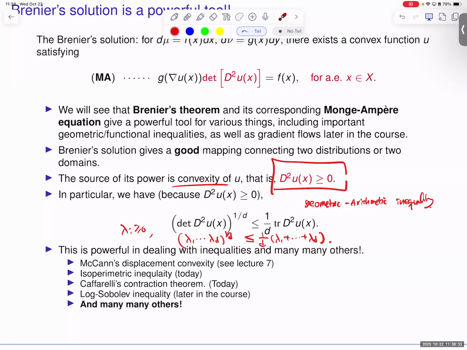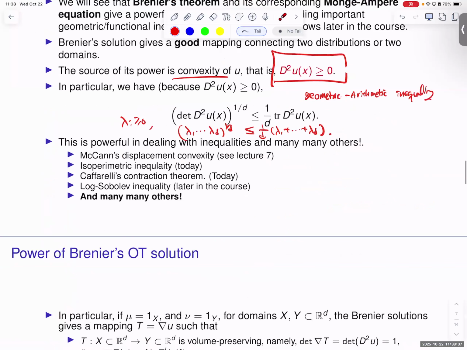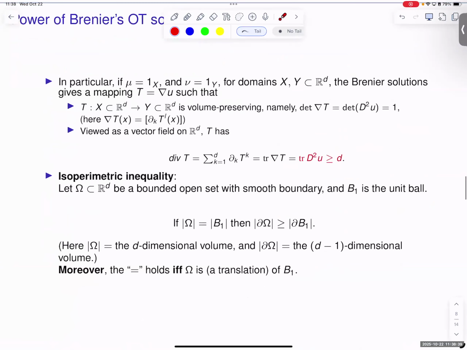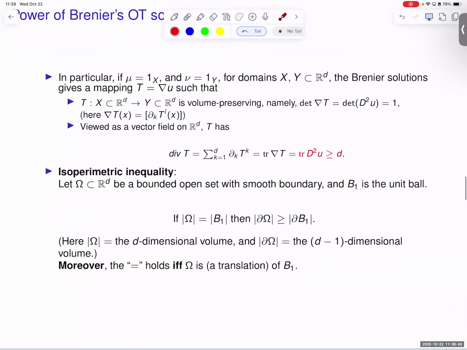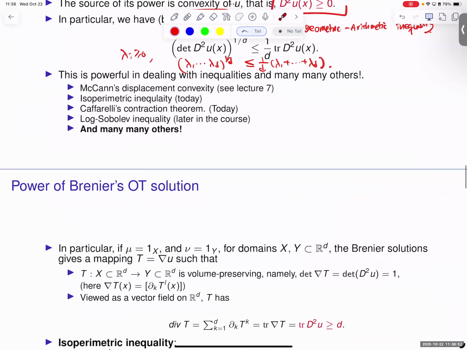Okay, let's move on. So where can I start? Let's just start with this. You may consider source and target measures that are just uniform measures.